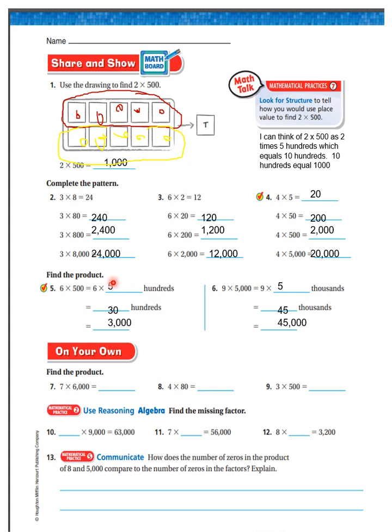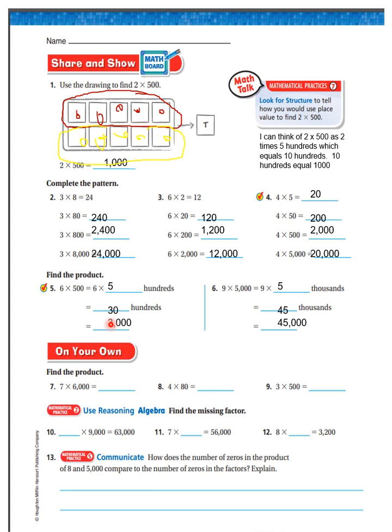All right, it says find the product. 6 times 500 equals 6 times 5 hundreds. And 6 times 5 hundreds is 30 hundreds.